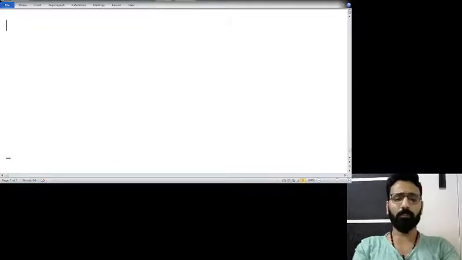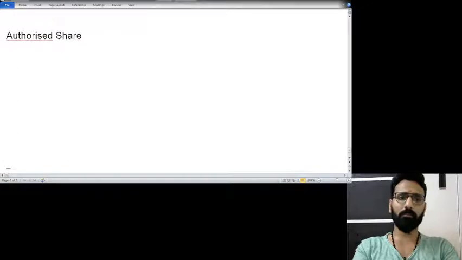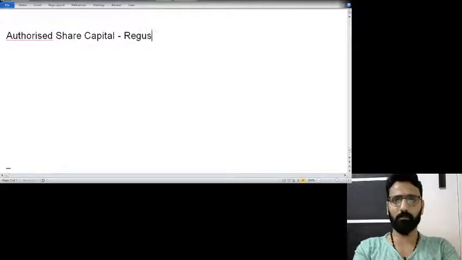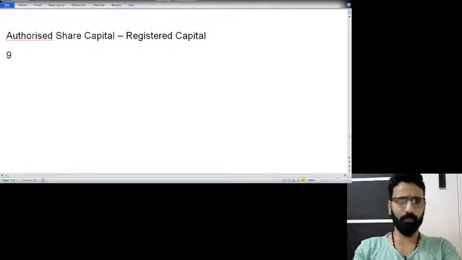Now, for the purpose of understanding, you also need to know what is a capital. See, we have things like authorized share capital. What is authorized share capital? This is the registered capital. Assume company shares are 1 lakh.